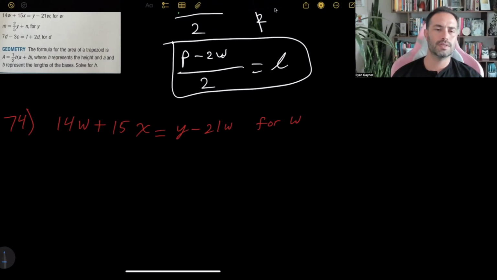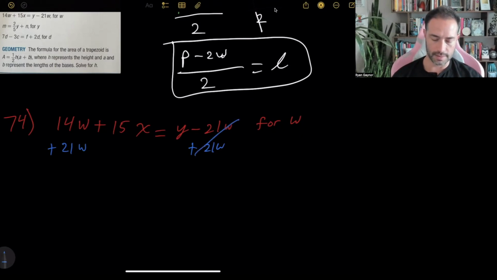So let's see, what's the best option for this? You know what, I'm going to go with adding the 21W. I could have subtracted the 14W, it doesn't really matter. I just tend to avoid negatives if I can.